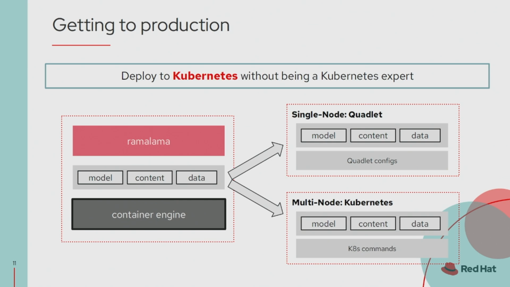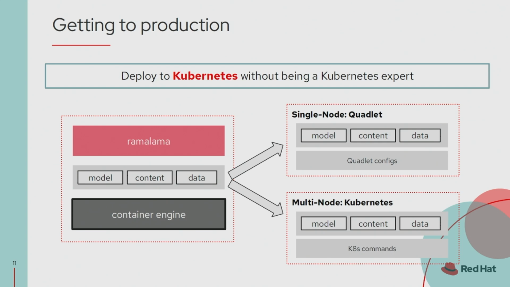Here are some other features of RamaLama. Once you get your workload working locally on, say, a MacBook Pro or whatever, you might be like, well, how do I get this running on a server or in some data center? So we provide these generators, so you can generate a quadlet.